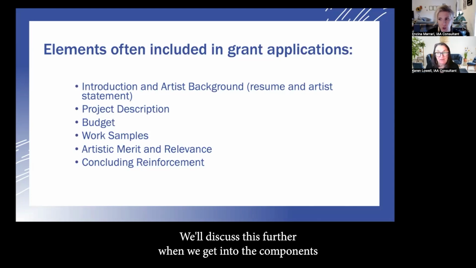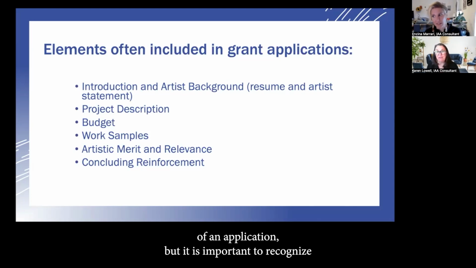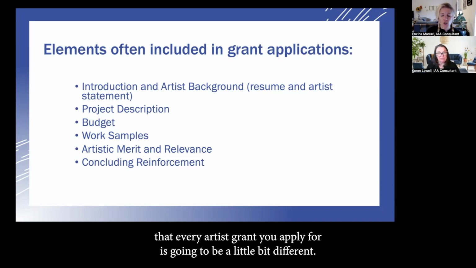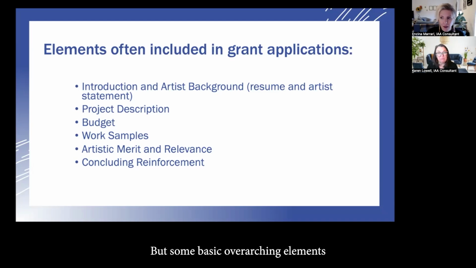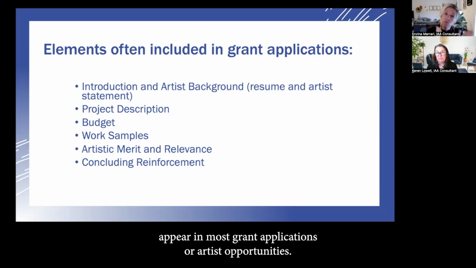We'll discuss this further when we get into the components of an application, but it is important to recognize that every artist grant you apply for is going to be a little bit different, but some basic overarching elements appear in most grant applications or artist opportunities. Those include an introduction and artist background.